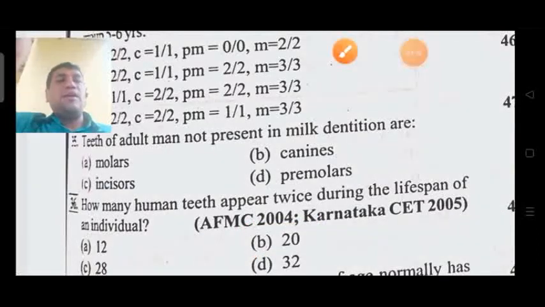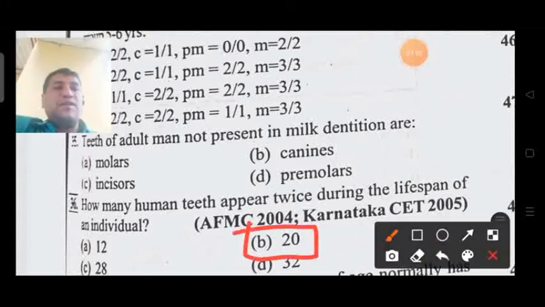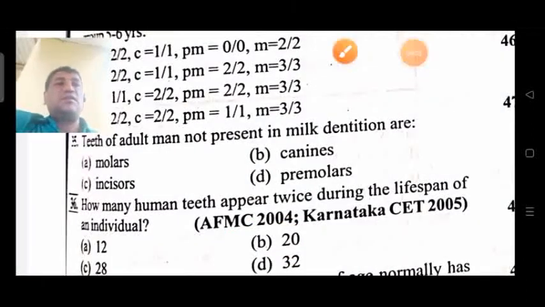The remaining 12 teeth are permanent teeth, which appear only after the age of 9 or 10. So the answer is 20, because only these are replaced with a new set of teeth in the later stages. The remaining 12 teeth, that is premolars and wisdom teeth, appear only once.